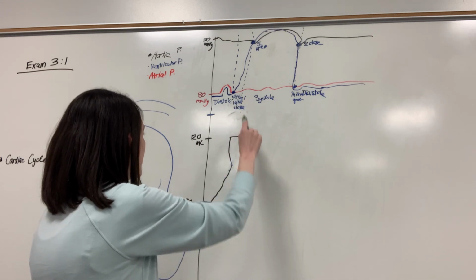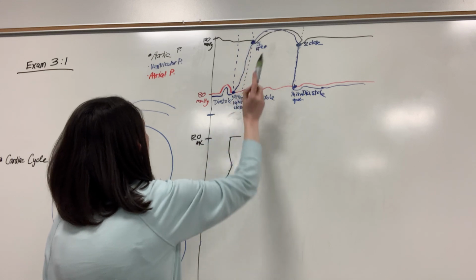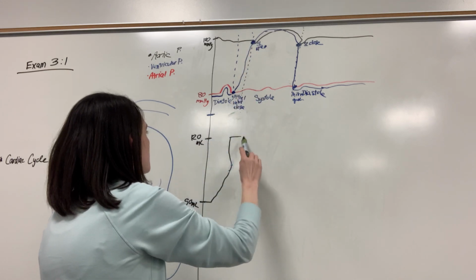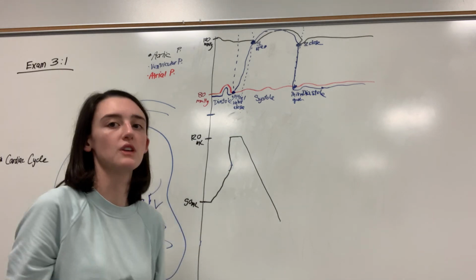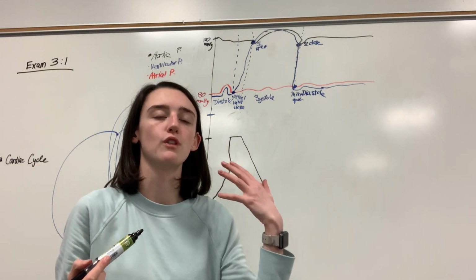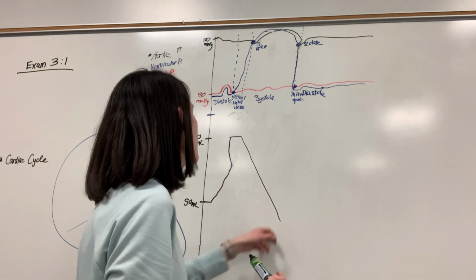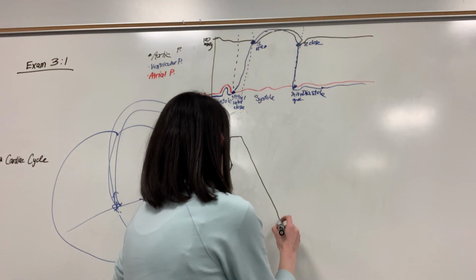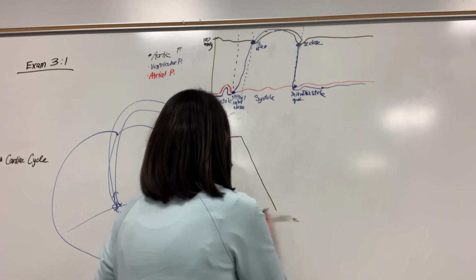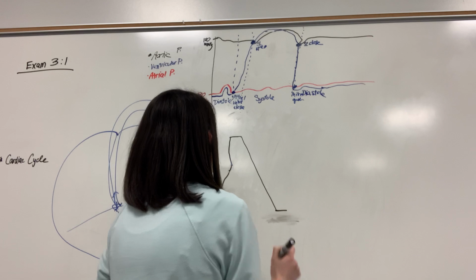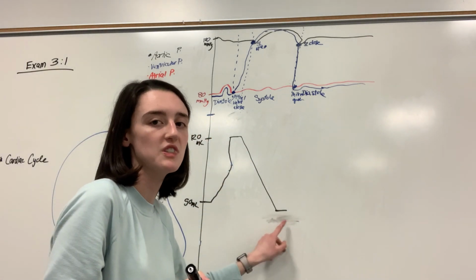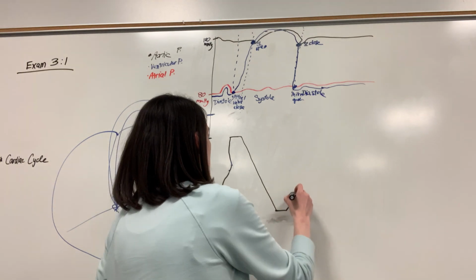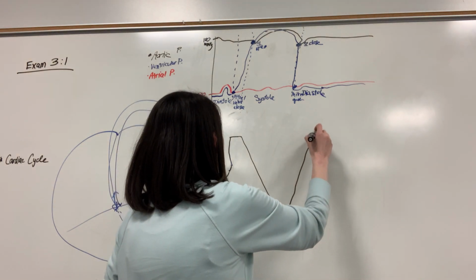And then as soon as it hits the point where the SL or the semilunar valve is going to open, it's going to gradually and dramatically drop down because all that blood is going to flow from the ventricle to the aorta. And then we are going to hit our next point, which is our isovolumetric relaxation. Once again, the volume is going to be steady, and then it will gradually decrease until it hits the next beat.